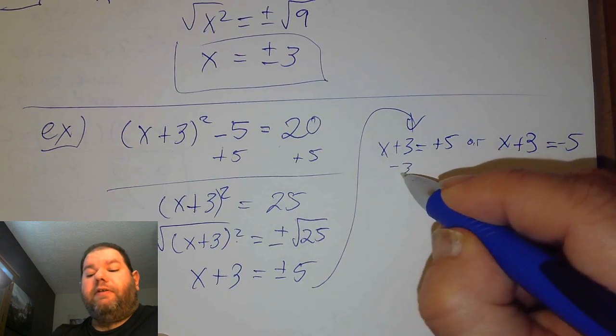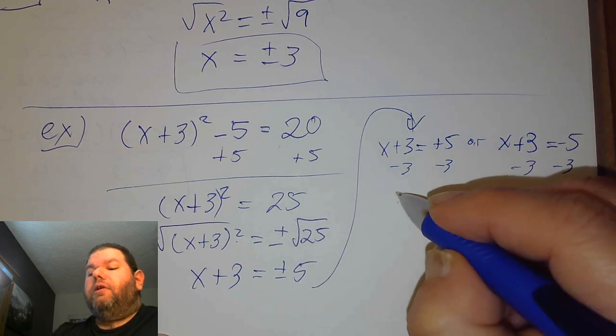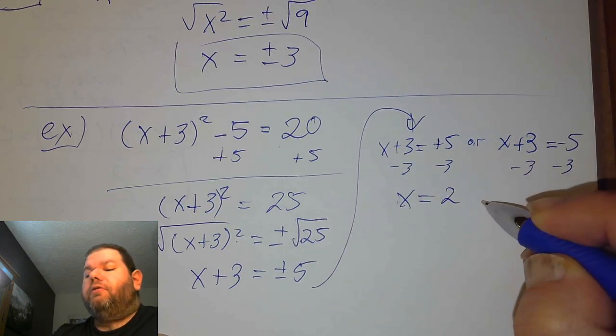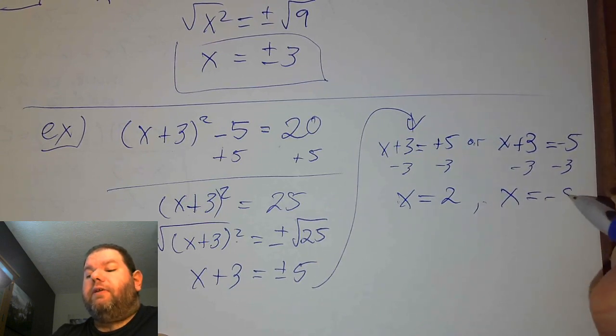And from here we just have to subtract the 3 over. So x is equal to 2, or x is equal to, this would be negative 8.